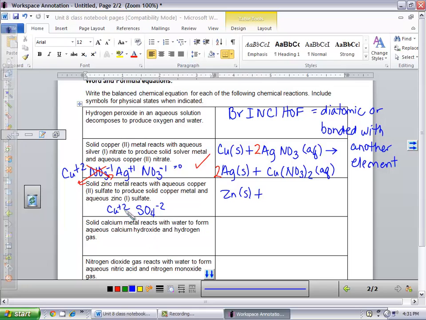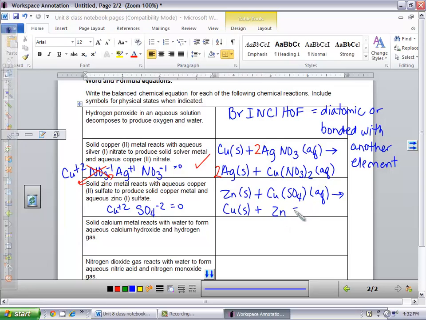Copper is going to give away 2 electrons, sulfate's going to take 2 electrons. They're equal, so you just need 1 of each. And it says it's aqueous. All right. To produce solid copper metal, so now you have copper as a solid, and aqueous zinc sulfate.